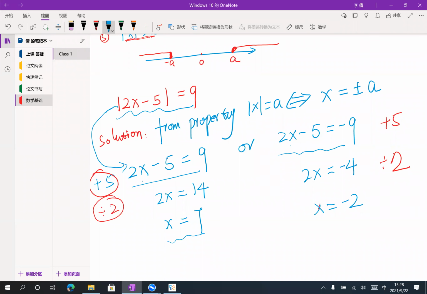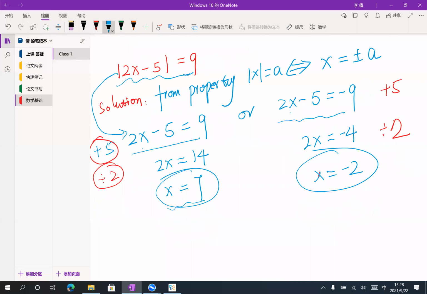So there are two solutions for this equation, x equals 7 and x equals minus 2.